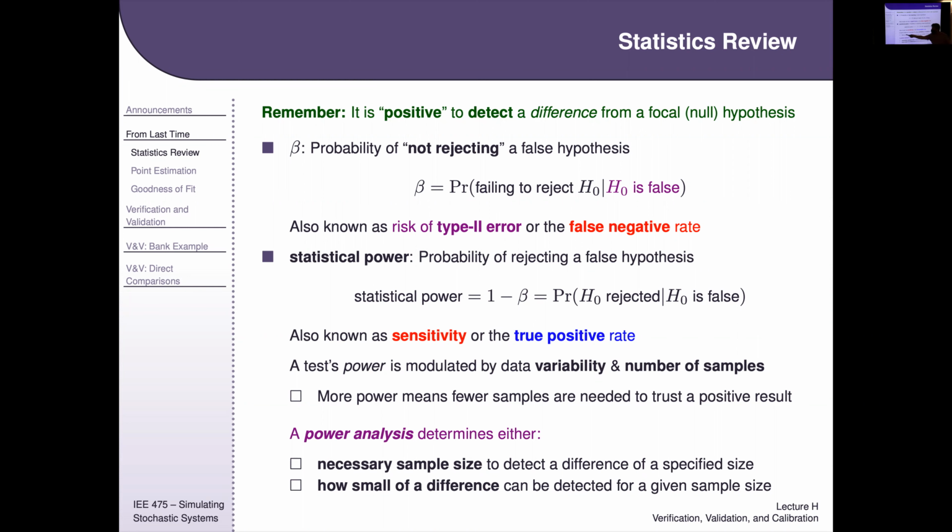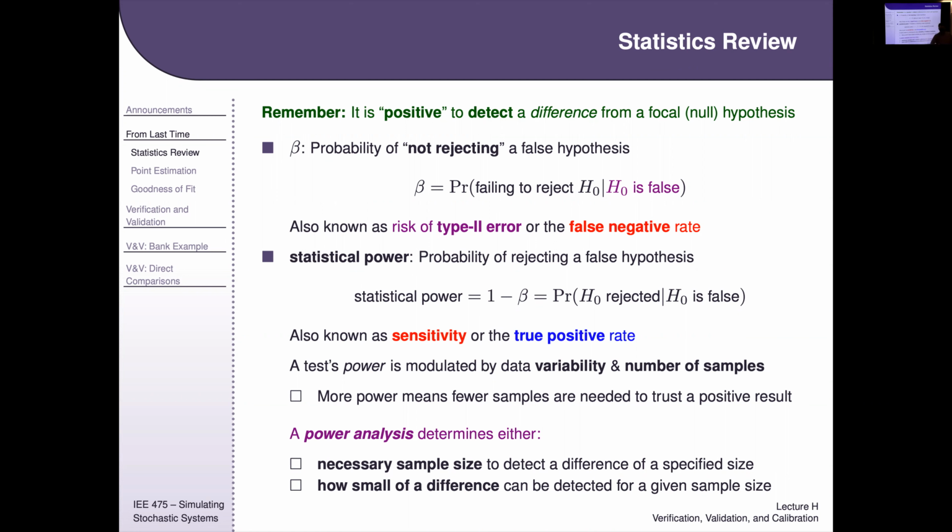There are two things that affect the power of a test: the number of samples, which we've talked a lot about so far, but also the variability of the data. If your data are not very variable, if they're pretty much consistent, they always come out the same result, then you don't need many samples to get high power.